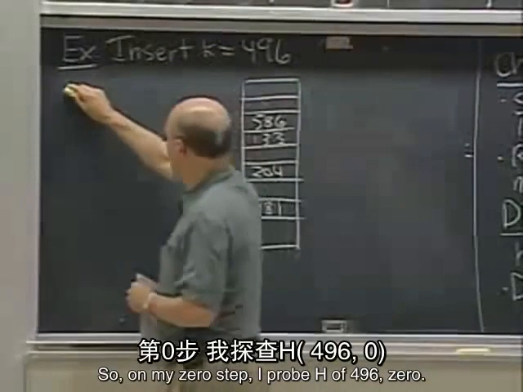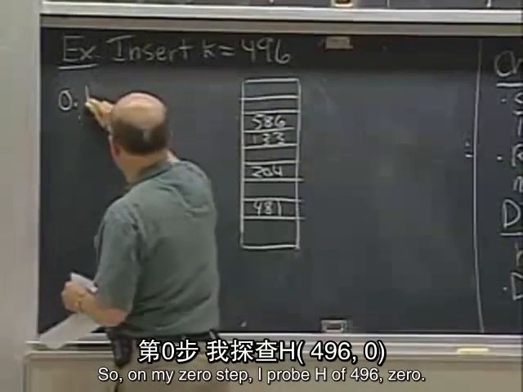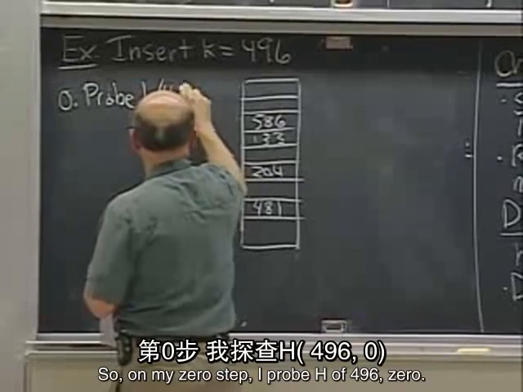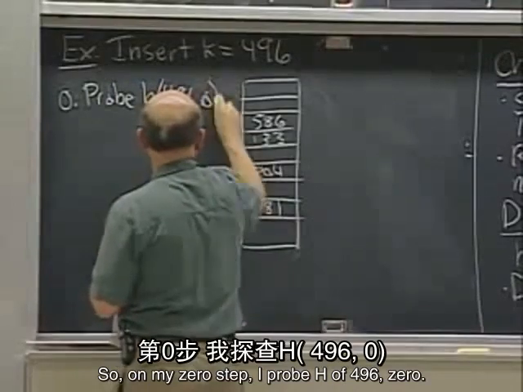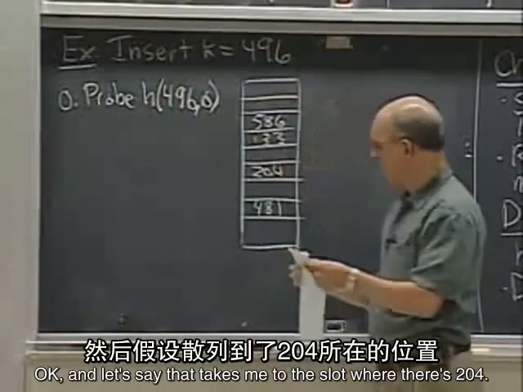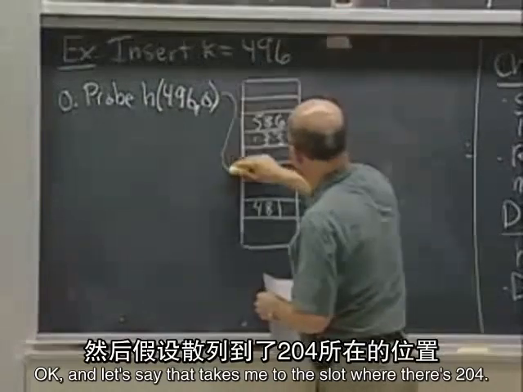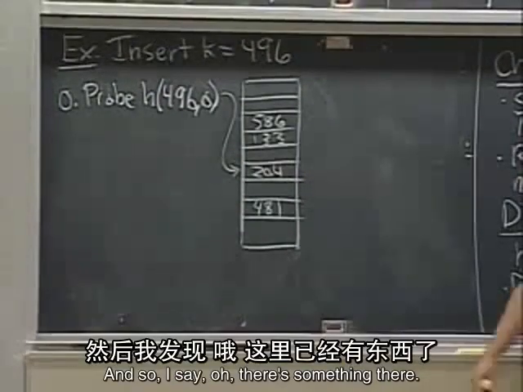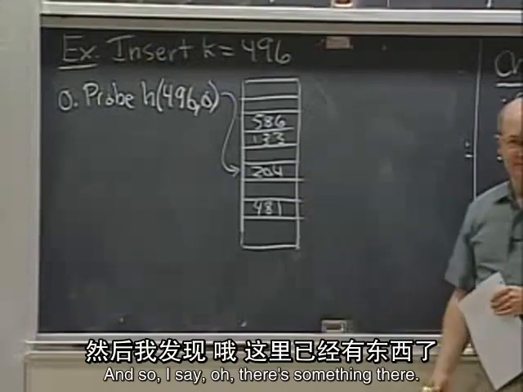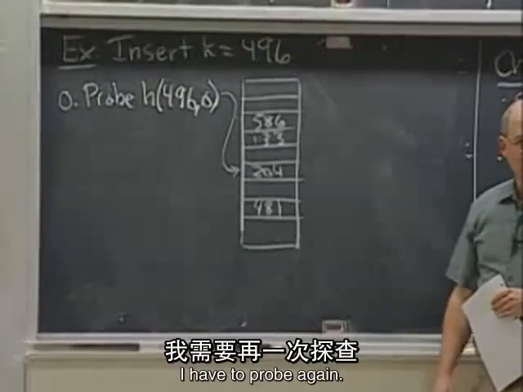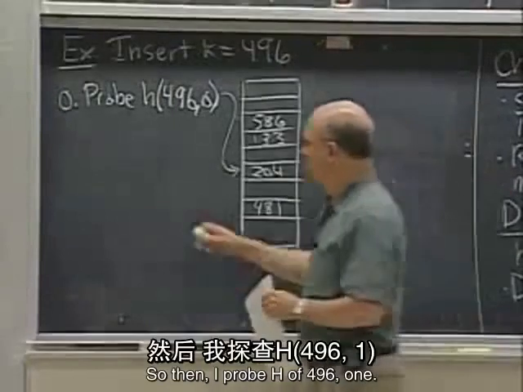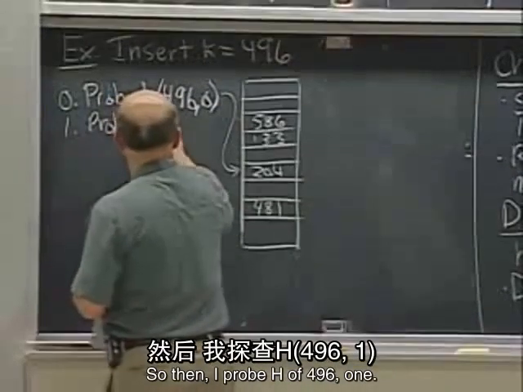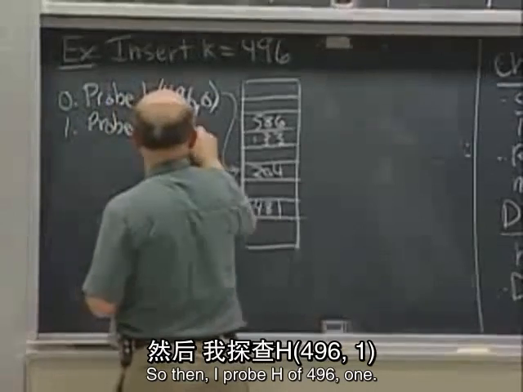So on my 0th step, I probe h of 496, comma 0. Let's say that takes me to the slot where there's 204. And so I say, something there. Have to probe again. So then I probe h of 496, comma 1.